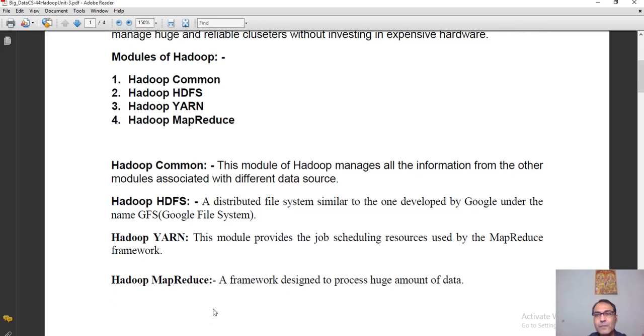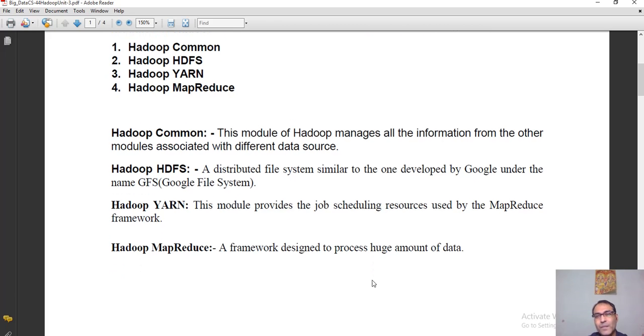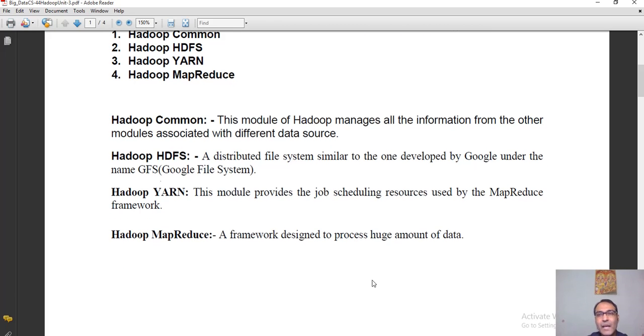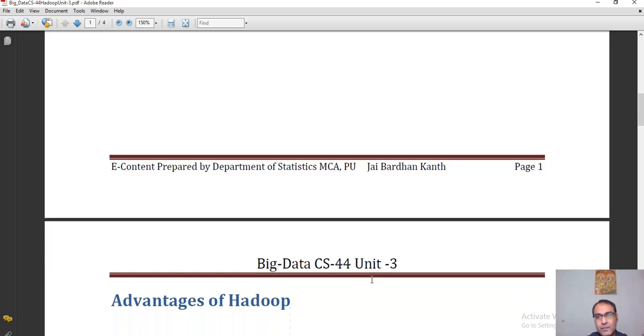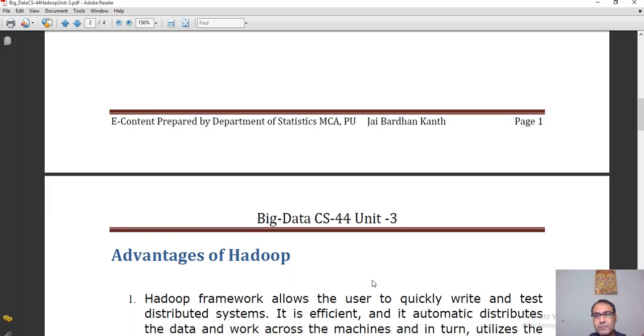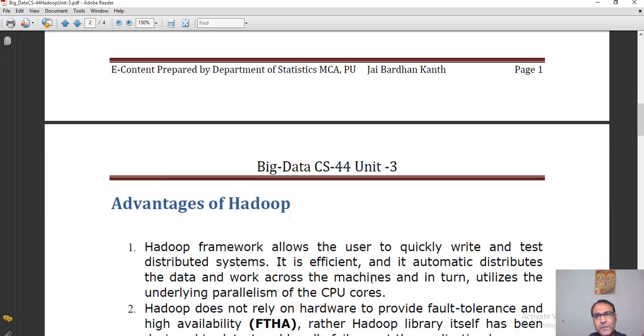The last one, Hadoop MapReduce. MapReduce consists of two parts, map and reduce. It is a framework which processes a huge amount of data using map and reduce. We will see MapReduce in detail later on.